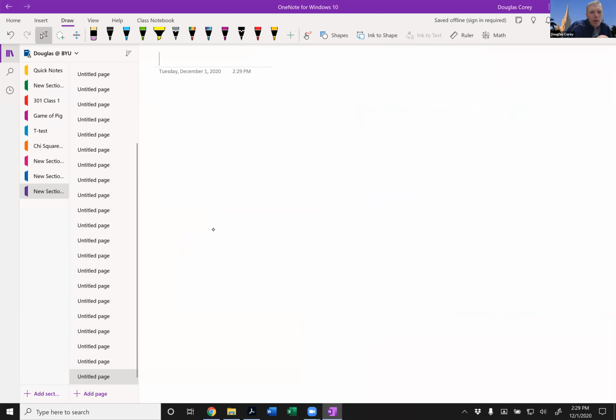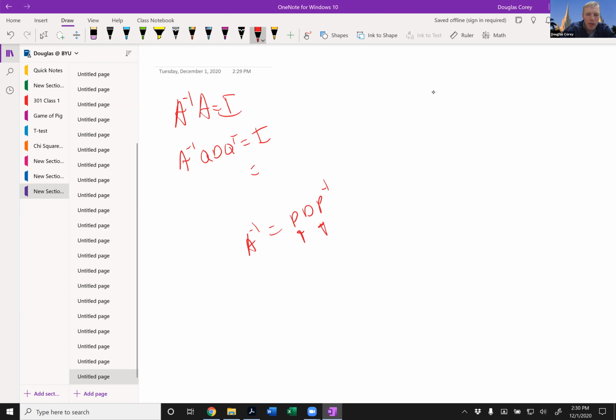So if I have A inverse times A equals the identity matrix, and I know A is orthogonally diagonalizable, then I can replace A with Q D Q transpose, where Q is an orthogonal matrix. And what I want to be able to do is say A inverse equals some P D P inverse, where these are orthogonal. It might not be the same Q, and D might not be the same D.